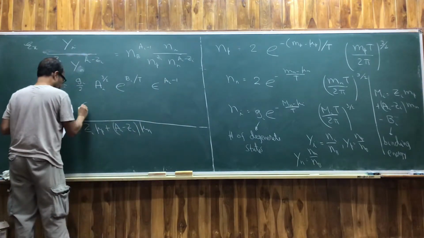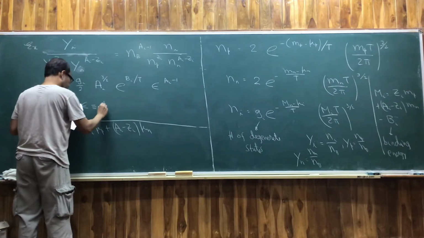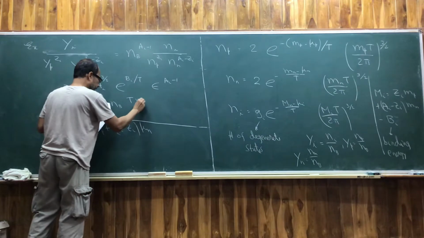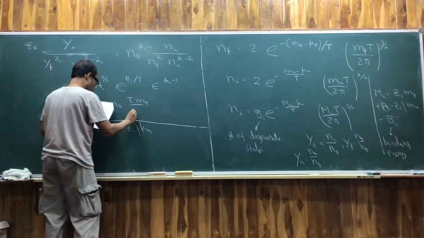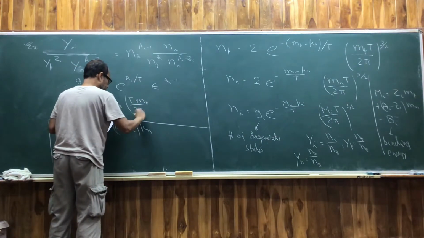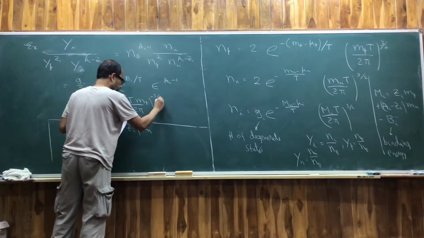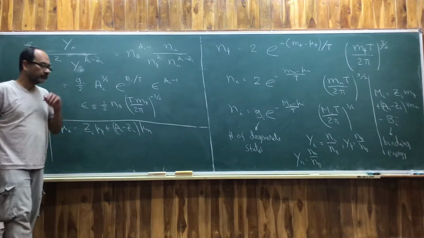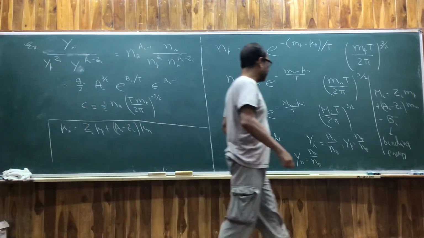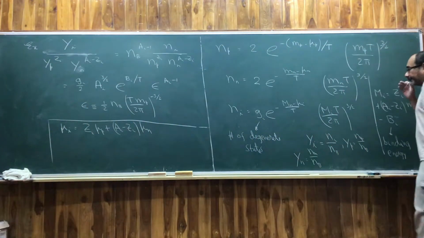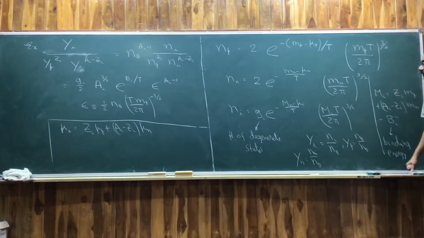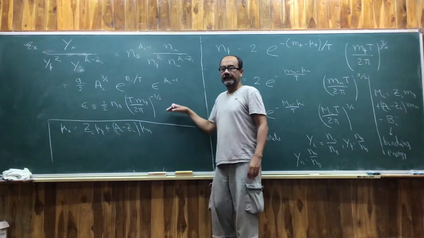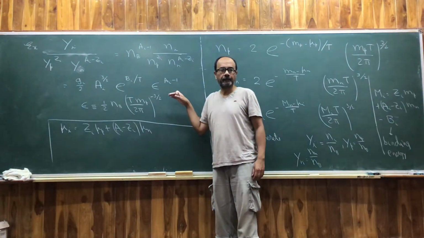Epsilon, the definition is half nb, m p over 2 pi to the power minus 3 by 2. Okay, there are some approximations I have made, so let me explain. Is this expression clear?